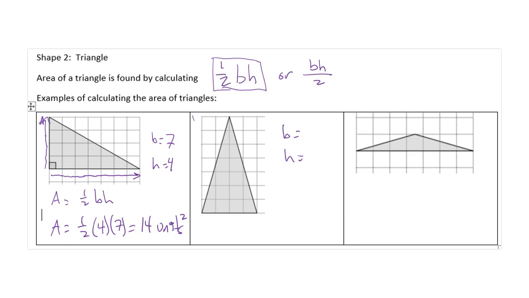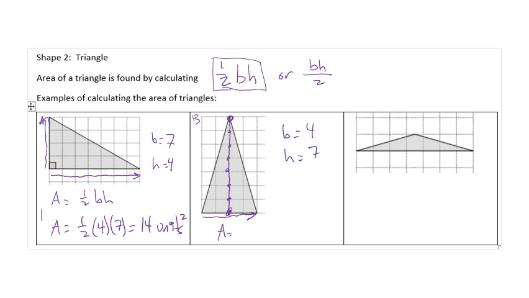Let's look at the second example. I'm going to call it B. Once again, what's the base and what's the height? Base is going to be 1, 2, 3, 4 units across. Height is going to be the length of that segment right there. So I'm going to start off here and go up 1, 2, 3, 4, 5, 6, 7.